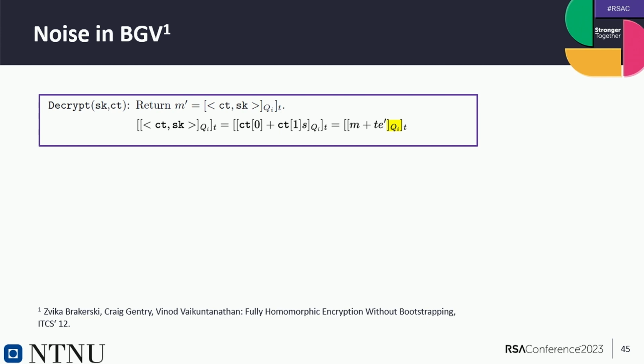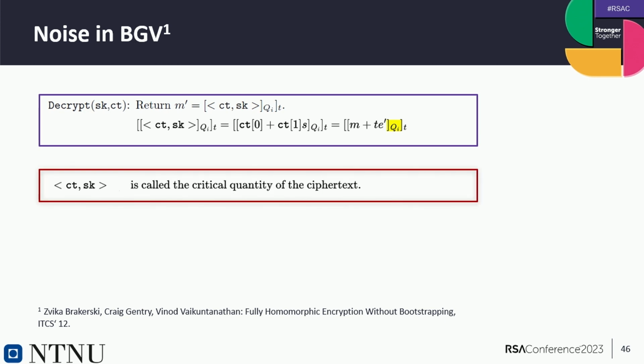Then we get m plus something back, which is not the message that we want. This is even more dangerous since the decryption will return to us something that looks like it could be a completely correct decryption result because it's in the right space. It could be fine, only it is not. This is why this scalar product between the ciphertext and the secret key is called the critical quantity, and I hope I could make clear why it is a very critical quantity indeed.